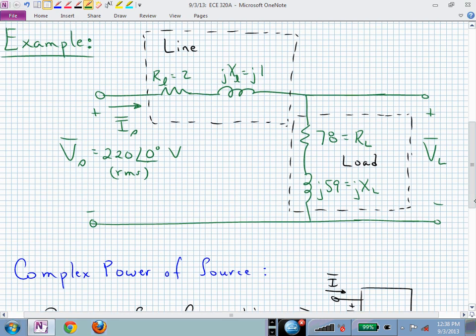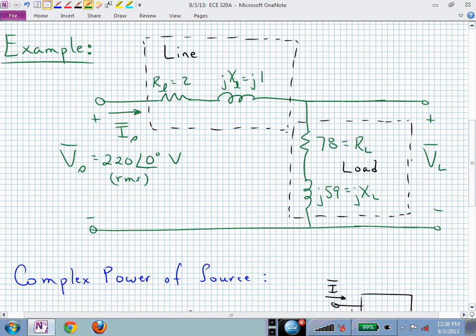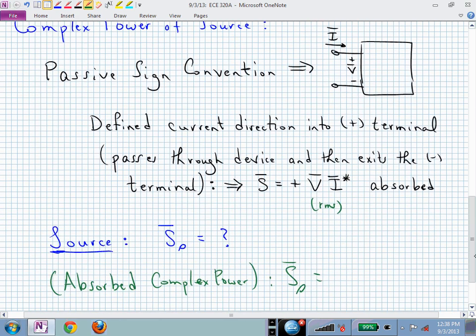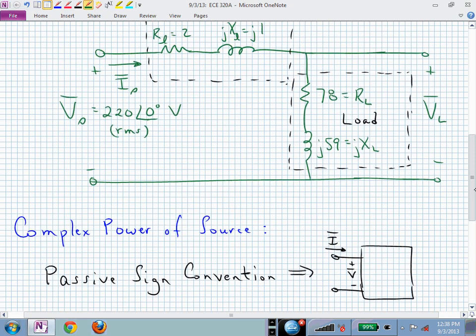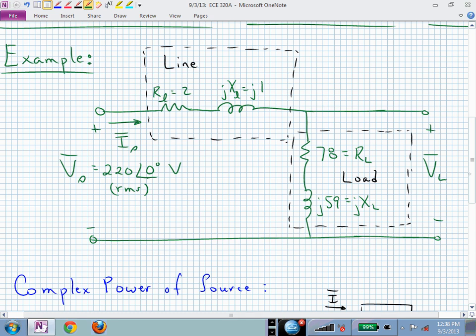The way that I have labeled my diagram, I have a voltage. I'll do the easy part. I know it's V, and then what is it? I have to use the passive sign convention, and the passive sign convention said if I'm trying to compute the absorbed power, what do I need to be true?